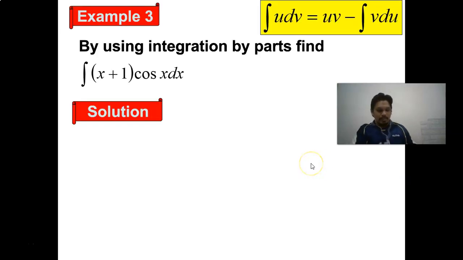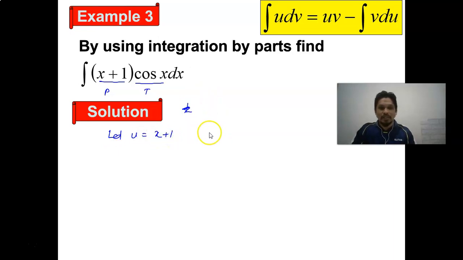Okay, this one here is between x plus 1, which is a polynomial, and cos x dx, which stands for a trigonometric function. So let u equal to x plus 1 and dv equal to cos x dx.